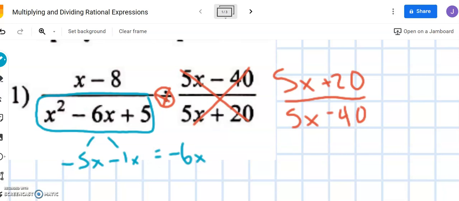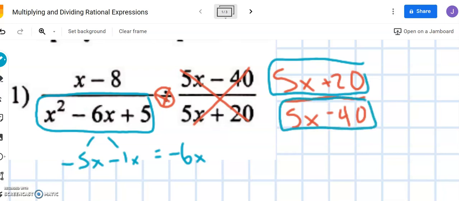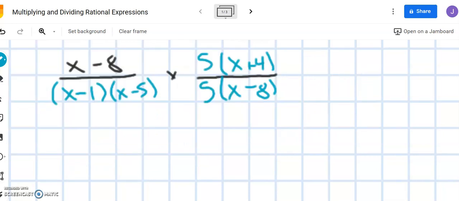And then over here, both of these terms have 5 as the greatest common factor, so I'm going to rewrite each of those in factored form. After all my factoring, the denominator of the first fraction becomes x minus 5 times x minus 1. And then the two portions of the second fraction become 5 times x plus 4 and 5 times x minus 8, respectively.